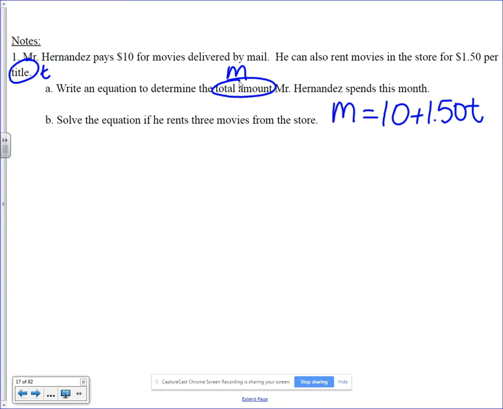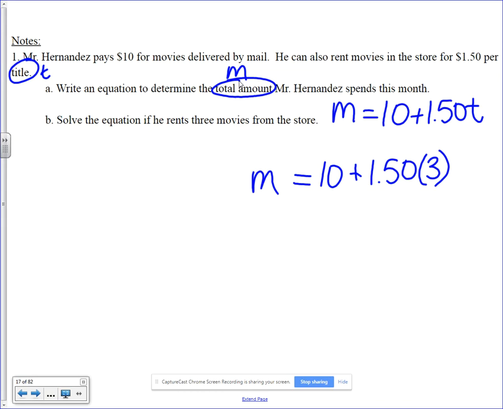We're not taking it to that power. Quentin? You're going to put 3 in for T because a movie is a title, isn't it? So we're going to put it in the T and we're going to put it in parentheses. Yep. So this will be 10 plus $1.50 times those 3 movies. And whatever I get here, that's going to be the amount of money, or M, that he's going to spend.